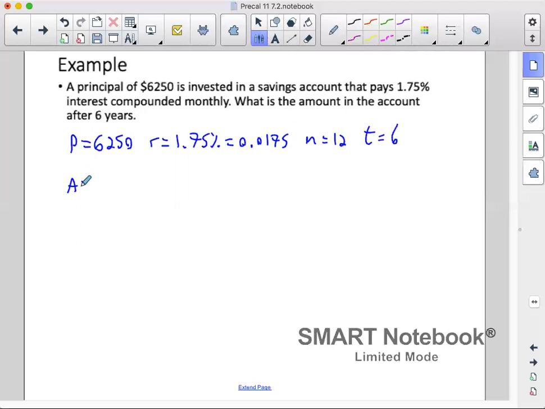So we have our formula, A is equal to P times (1 plus R over N) to the power of NT. Substituting in our values, we have 6,250 times (1 plus 0.0175 over 12) to the power of 12 times 6.